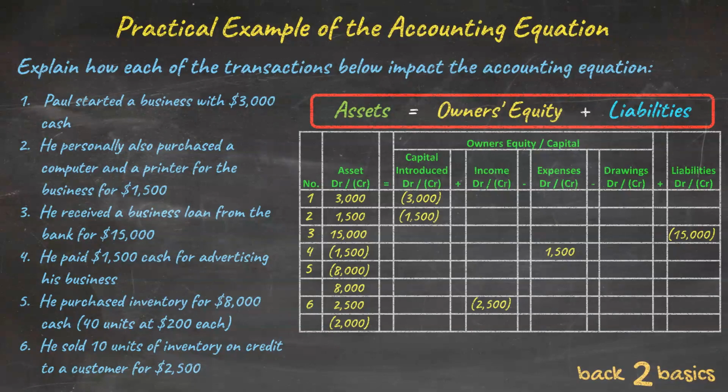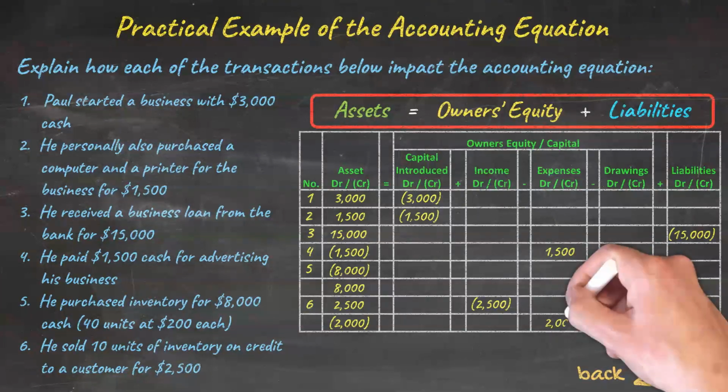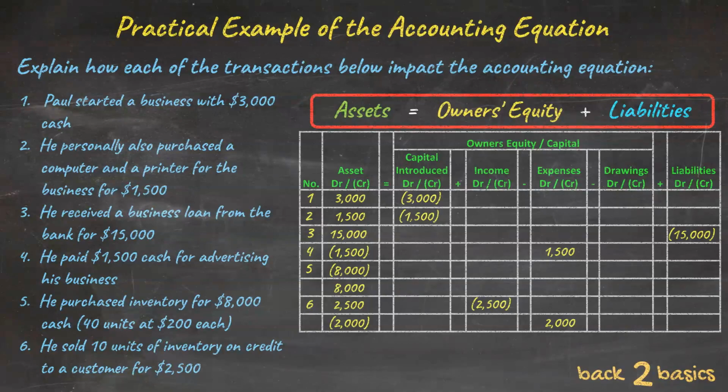And then the cost of the inventory that was sold is a cost, it's an expense to the company. So our expenses increase on the debit side with a debit value of $2,000. That will reduce our inventory with $2,000 and it increases our expenses with $2,000.